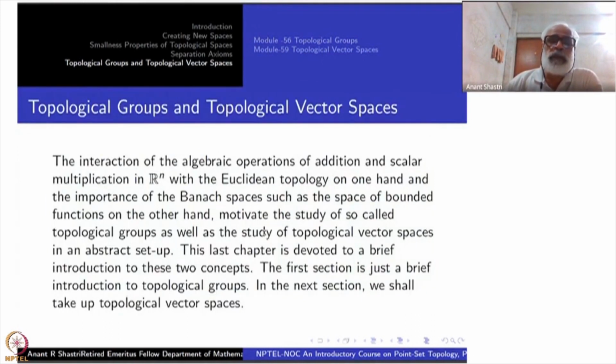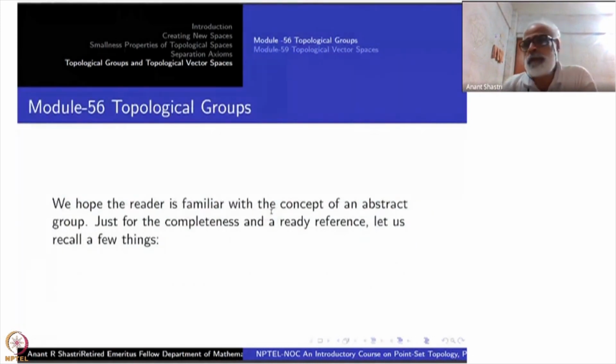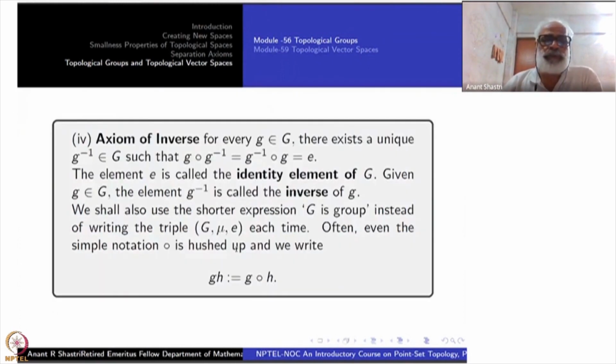Okay, let me start by recalling the definition of what a group is first, so that I can use those notations comfortably. I assume that you already know groups because we have even studied group actions, right? So a little bit of group theory, whatever groups, homomorphisms, subgroups, etc., I suppose you know, but let me recall them first for ready reference also.